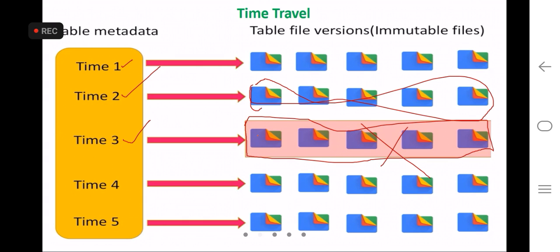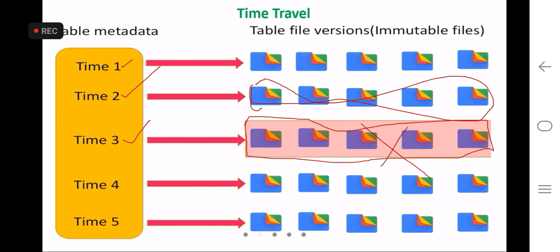Okay, so here you may get a doubt about how long you can travel back to get the older version of the data. It is purely dependent on what retention period is set for the table. That will tell you how long you can travel back. For example, if I set the retention period for a specific table to 2 days, then I can travel back up to 2 days.